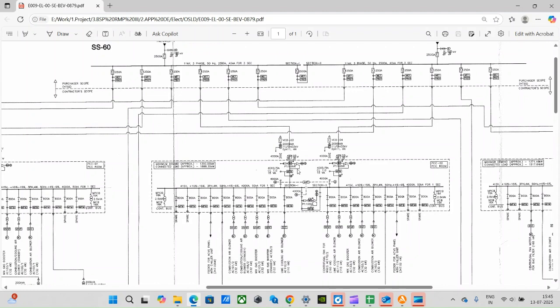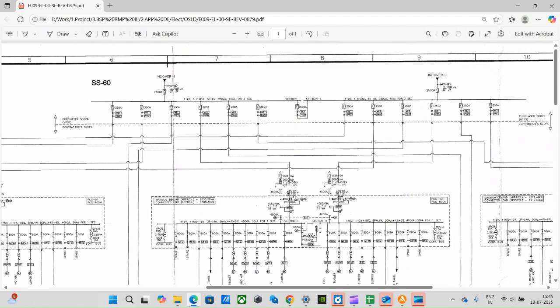Incomer one has got power from one side of this bus. Sorry, incomer two has got power from the other side of the bus. This is done for the redundancy of the power supply. Remember this always: if there is a two incomer system, both incomers will get power supply from two different buses, two different bus bars.